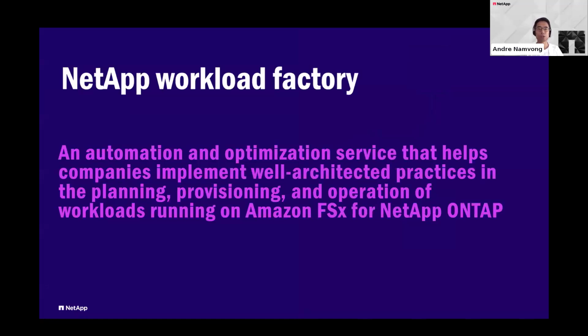So here, in a nutshell, Workload Factory is an automation and optimization service that also includes well-architected framework practices, so that when you're deploying your file system, you know that it already meets many pillars from the well-architected framework, which is very good.